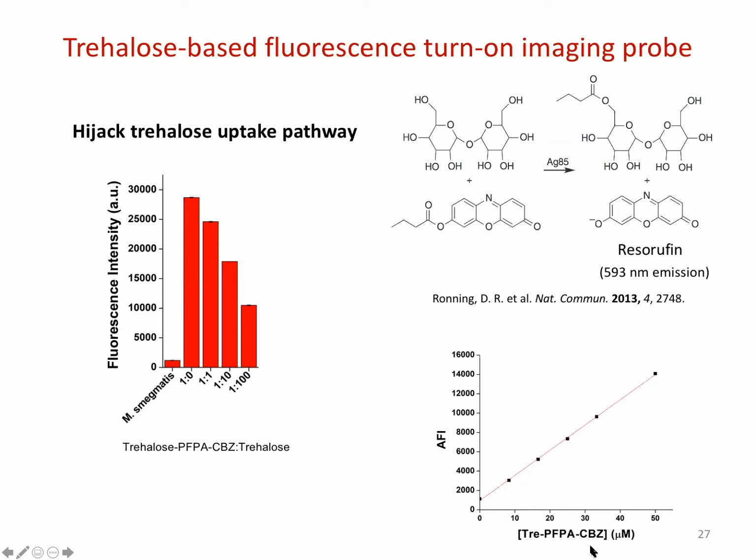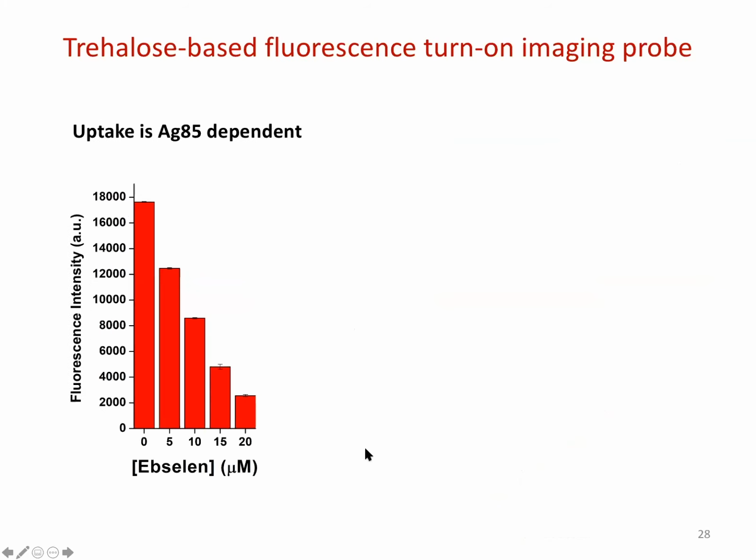So we use this assay and we increase the concentration of our carbazole derivative, the turn-on probe, and you can see the higher the concentration, the higher the fluorescence. That means that Ag85 is involved in the uptake in our case as well.